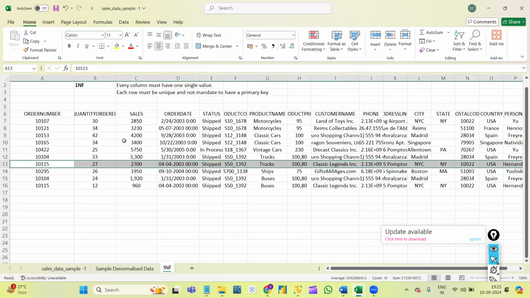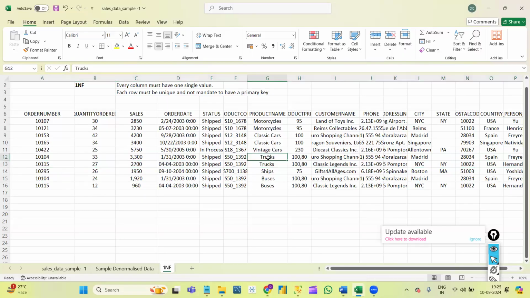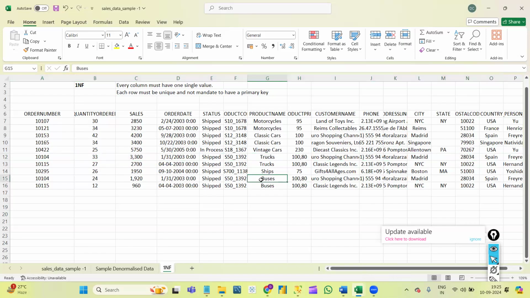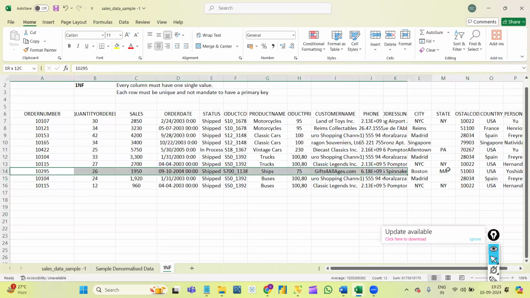Some columns may be same, but if we compare the complete row with another row, here my order number is 104 only, here also 104 only, but when coming to products, I have trucks here and buses here. So basically, if I see the complete row, my row will be unique only.